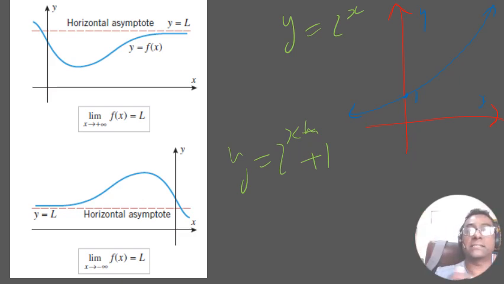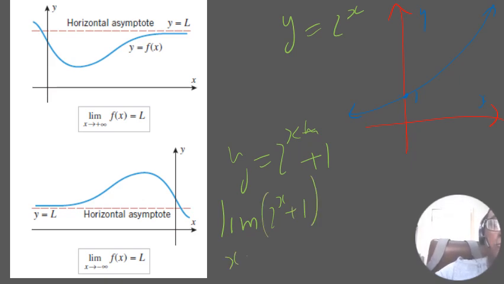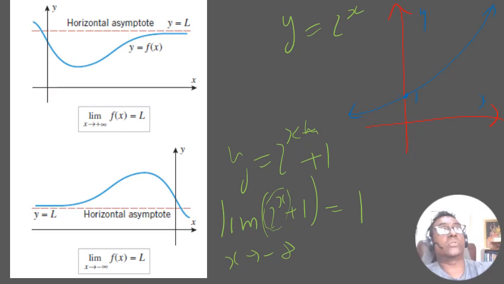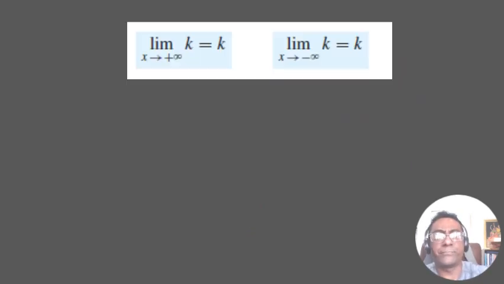And if you look at the limit as x tends to minus infinity, because this curve is shifted 1 unit up, and 2 to the minus infinity goes to 0, y equals 1 becomes the horizontal asymptote of the function y equals 2 to the power x plus 1. Okay, we'll look at more examples as we go along.